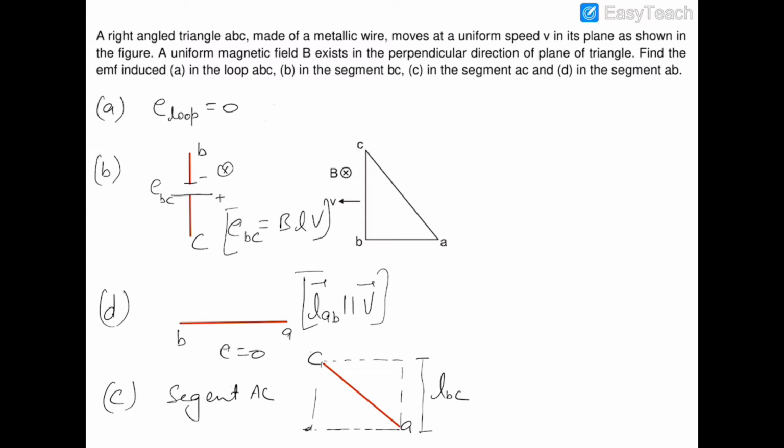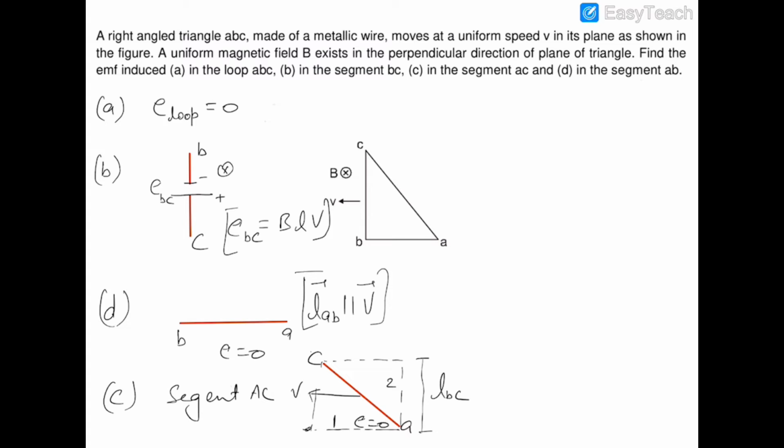The EMF induced in component 1 will be 0 because its length is parallel to the velocity, and the EMF induced in component 2, which is this L_BC, will be equal to the EMF induced in rod BC.